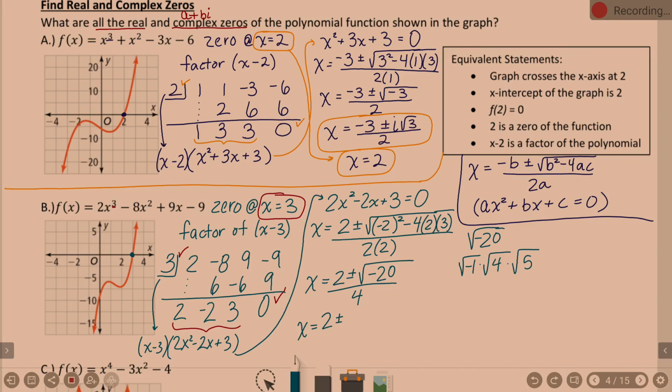So the negative 1 becomes an i. The square root of 4 becomes a 2. And the square root of 5 is a square root of 5. So put that together and it's 2i square root of 5, all over 4. You didn't see that. I didn't.